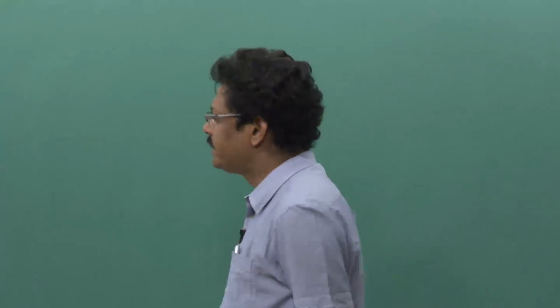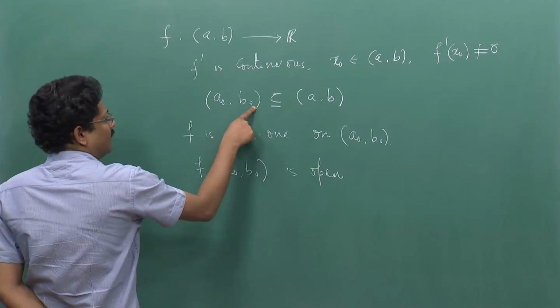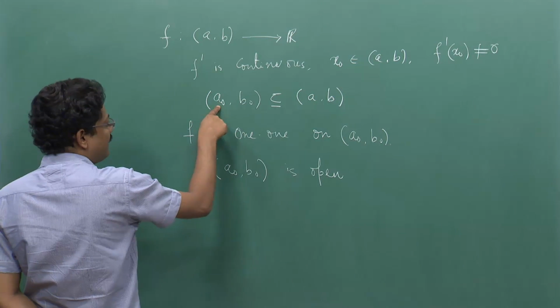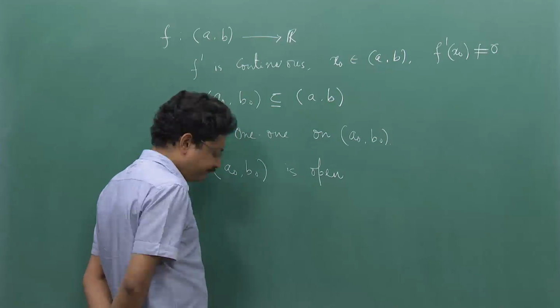If you look carefully at what we did, we chose some interval where f prime is non-zero. This interval was chosen in such a way that f prime is non-zero in the entire interval, and f of a naught and f of b naught are both different from f at x naught.